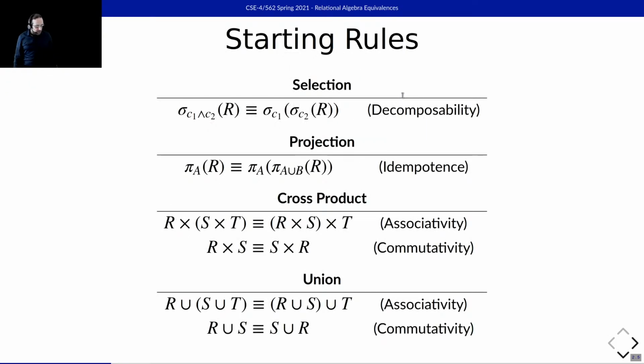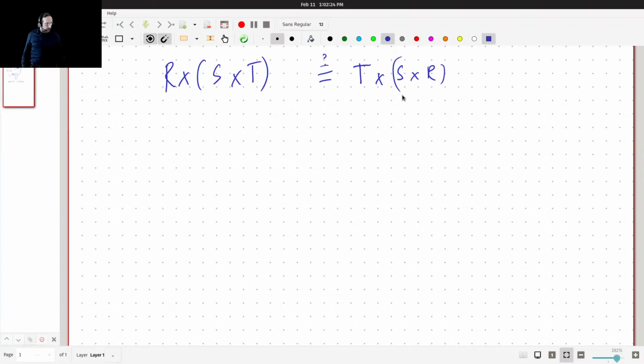We should be able to take some of these rules and apply them in sequence to transform one of these into the other. So I've been yapping for a little while. Let's see, what can I do here? What kind of rules are applicable in this situation?